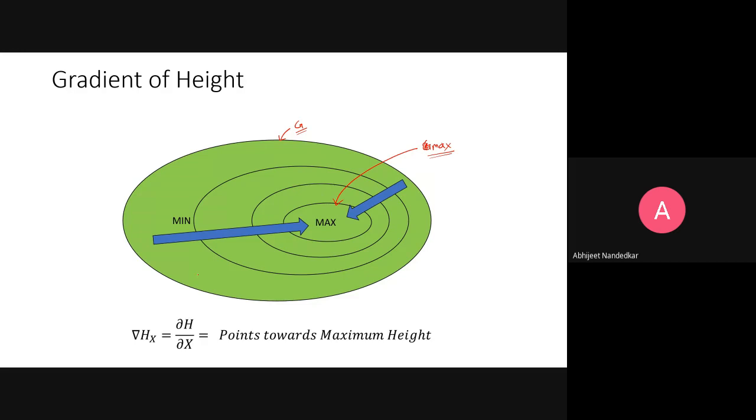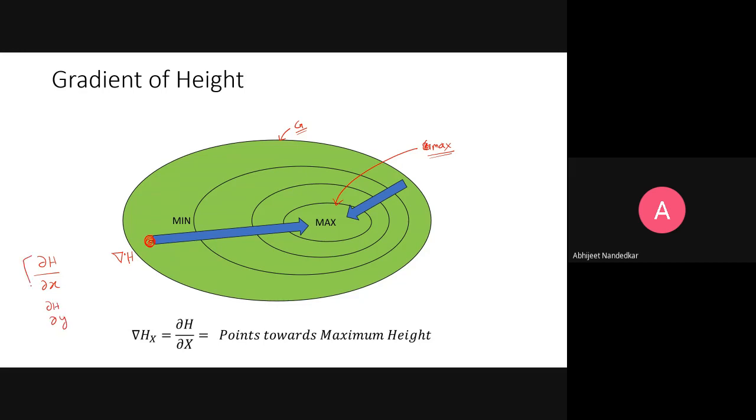If I stand here and take the gradient of height, you can compute it by differentiating the height function with respect to x and with respect to y.